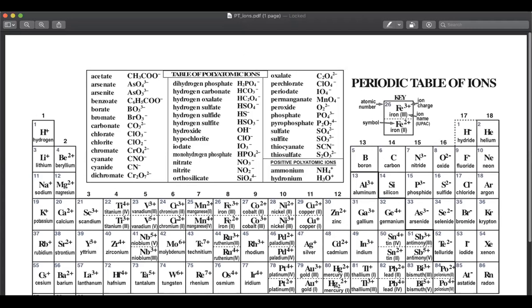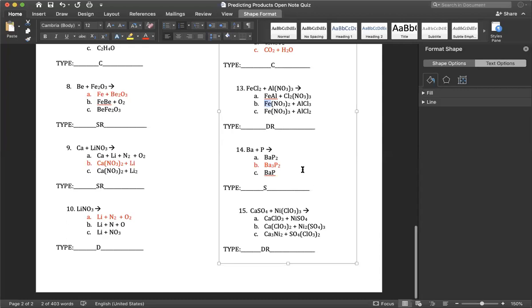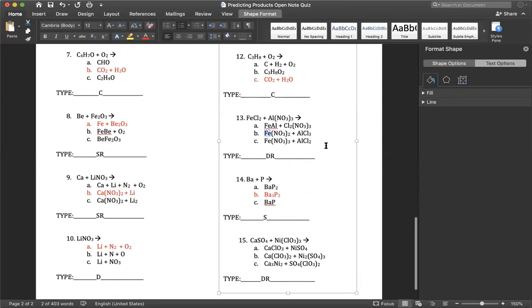If I crisscross those, what will be the answer for my product? Al's a 3, Cl's a 1. Is it going to be AlCl2 or AlCl3? AlCl3. So by process of elimination, it can't be C, leaving me with B as my answer. I wouldn't even have to figure out that iron was a 2. You could figure that out, but you don't have to.